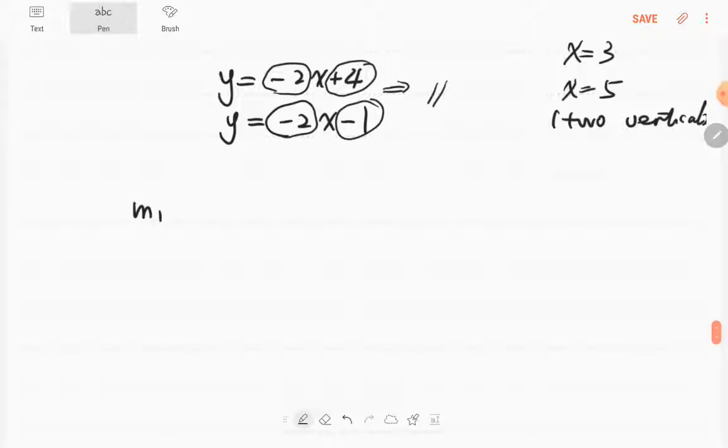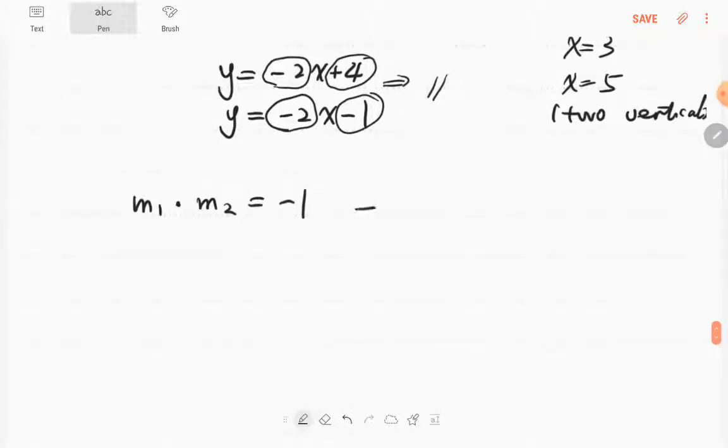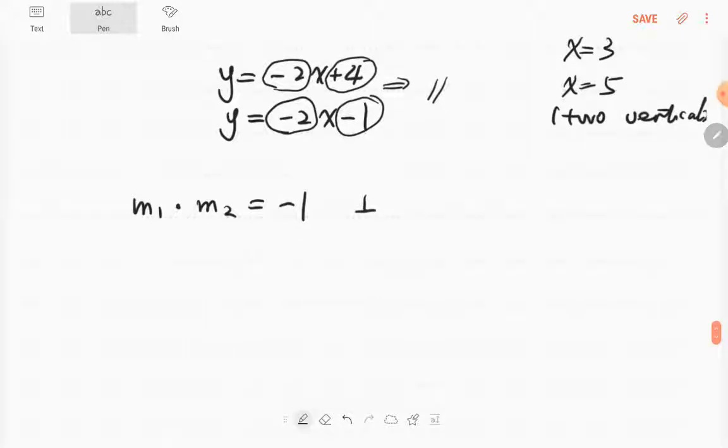If we have the slope for the first line and we also have the slope for the second line, and we realize the product of these two slopes is -1, then we say they are perpendicular to each other. This is the general case. If we have two lines, we can determine if they are perpendicular only if this one times this one gets -1, the product negative.